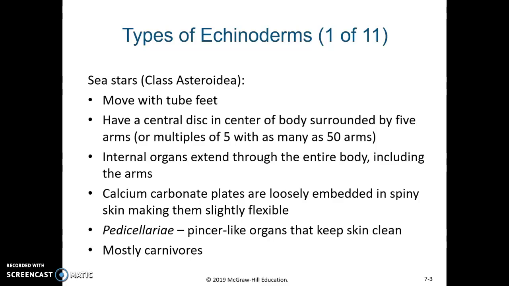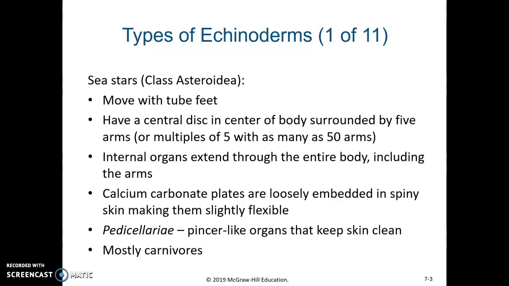And the oral surface is just as its name would suggest, that's where you're going to find the mouth. It's also where you're going to find the tube feet, because again, those tube feet are going to move that food source into the mouth. But so they have these two different surfaces to them.